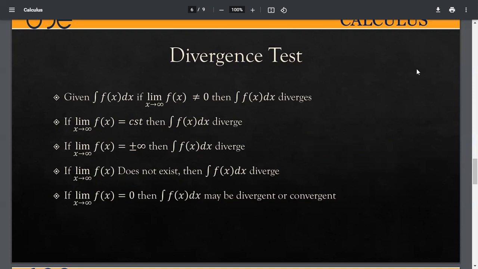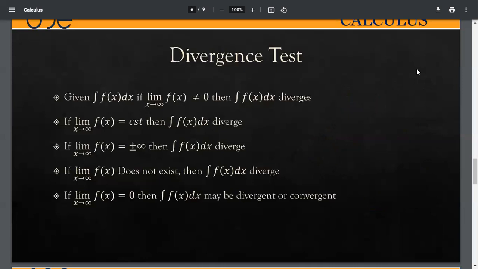So if my function is minus 1 power x, the limit as x tends to infinity would be minus 1 or plus 1. So the limit would not exist even. So in this case, my improper integral is divergent.